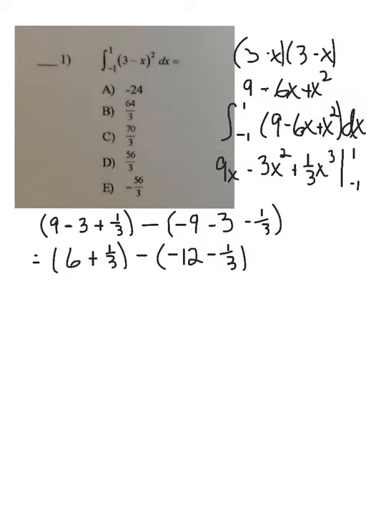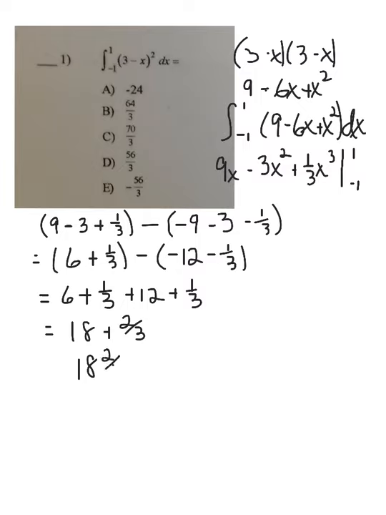Then I've got 6 plus 1/3, that's going to be plus 12, and then plus 1/3, which is 18 plus 2/3, which really is 18 and 2/3.